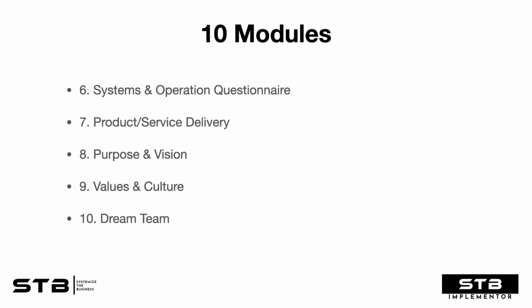Module number 7 is your product and service delivery. This is going to be a crucial part, because this module really makes you figure out how you're going to serve your customer. For me, you can take my 7-step process, the STB 7-step process handbook.